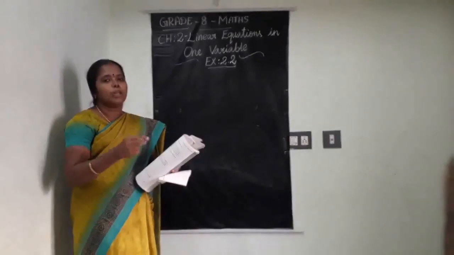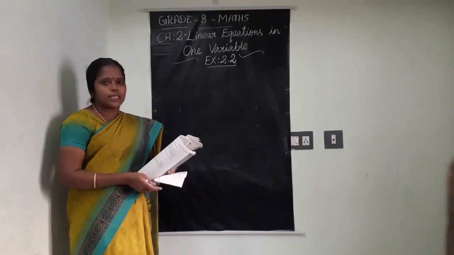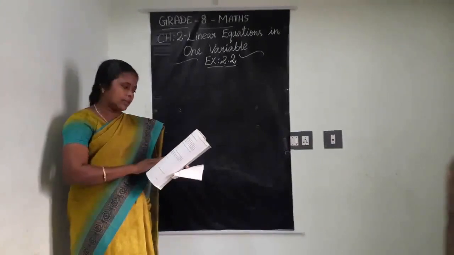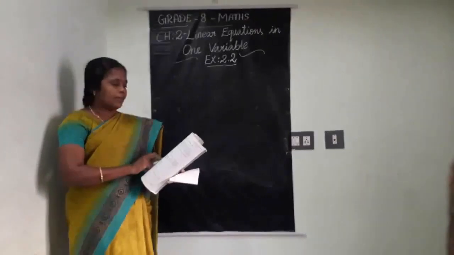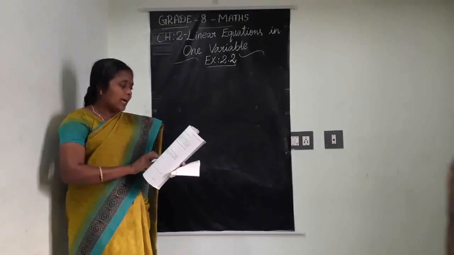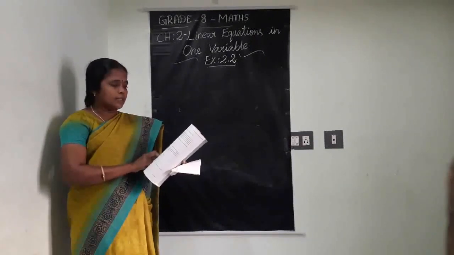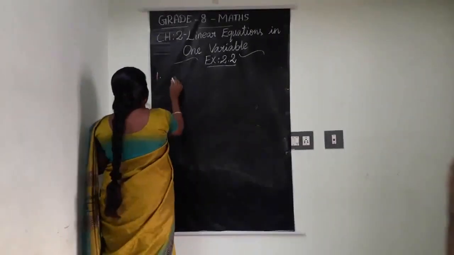Unknown number usually we call a variable. We can take a lot of values for that. A number like that they mentioned. So the unknown number is considered a variable here. If you subtract half from a number and multiply the result by half, you get 1 by 8. What is the number? So in which way are they telling?